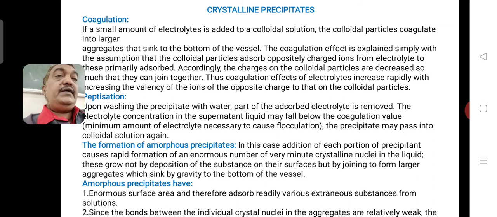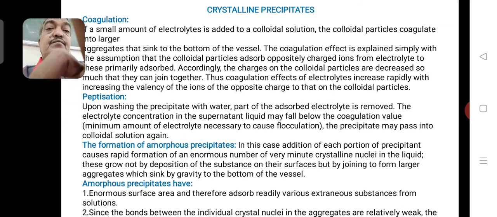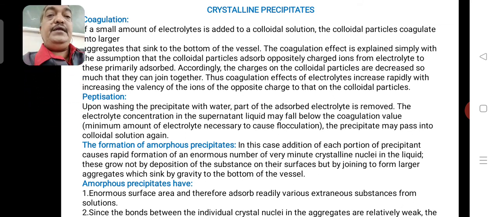The coagulation effect is explained with the assumption that the colloidal particles adsorb oppositely charged ions from the electrolyte.